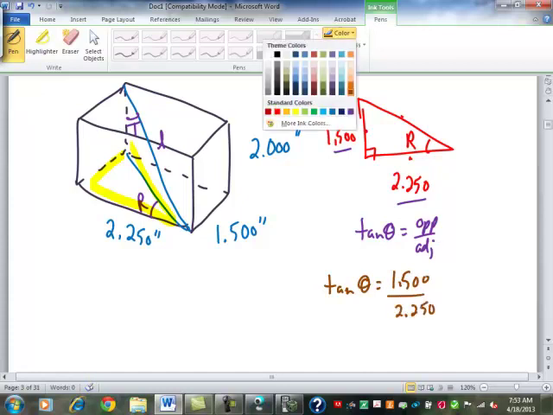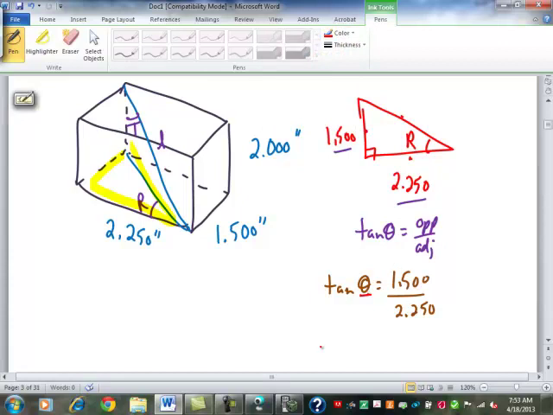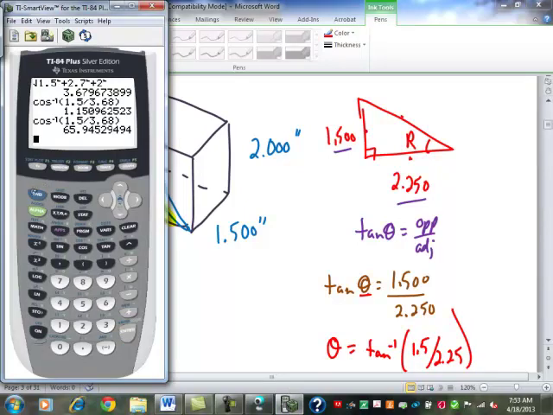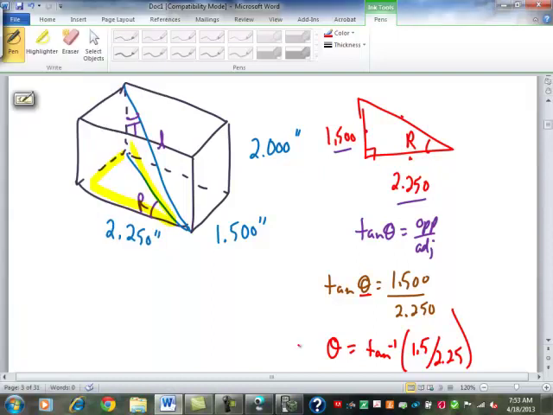Since it's the angle that's missing, that means I have to do an inverse tangent, which tells us second tangent 1.5 divided by 2.25, close the parentheses, is 33.69 degrees.